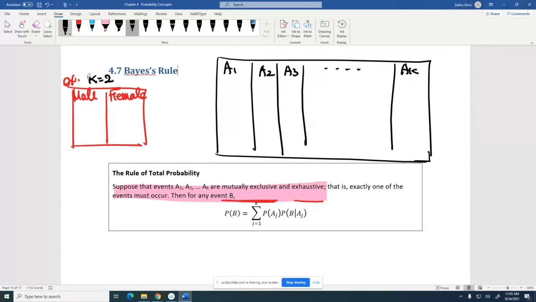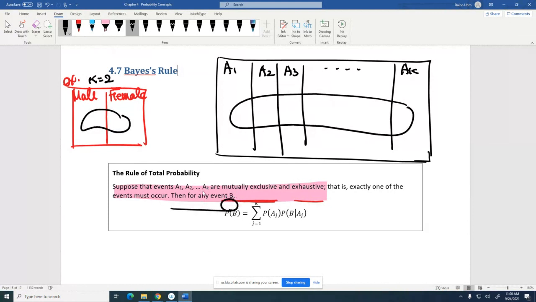Basically, we can make partitions. It's based on the K A's, and additionally, we have another event, B. So I can put an event of B here, who are taking statistics, who are taking STAT2503.